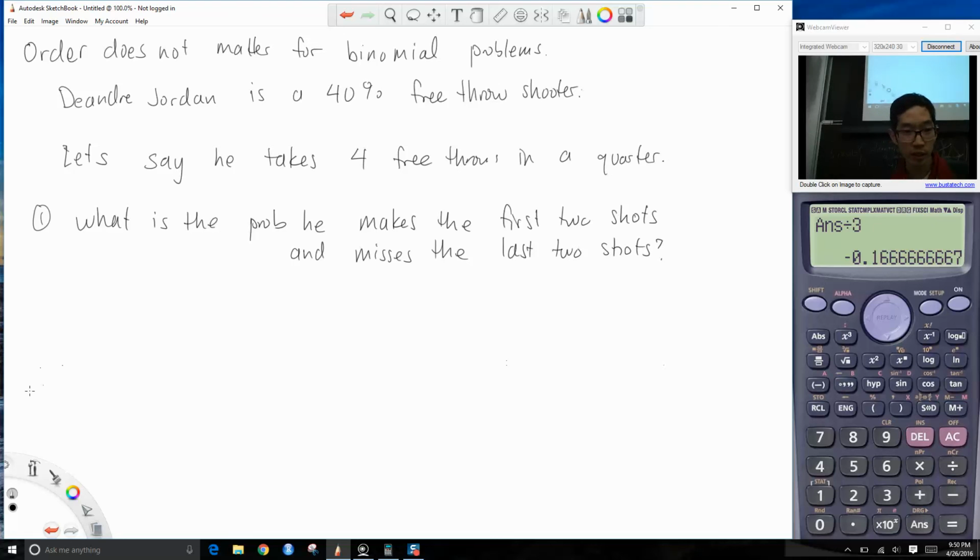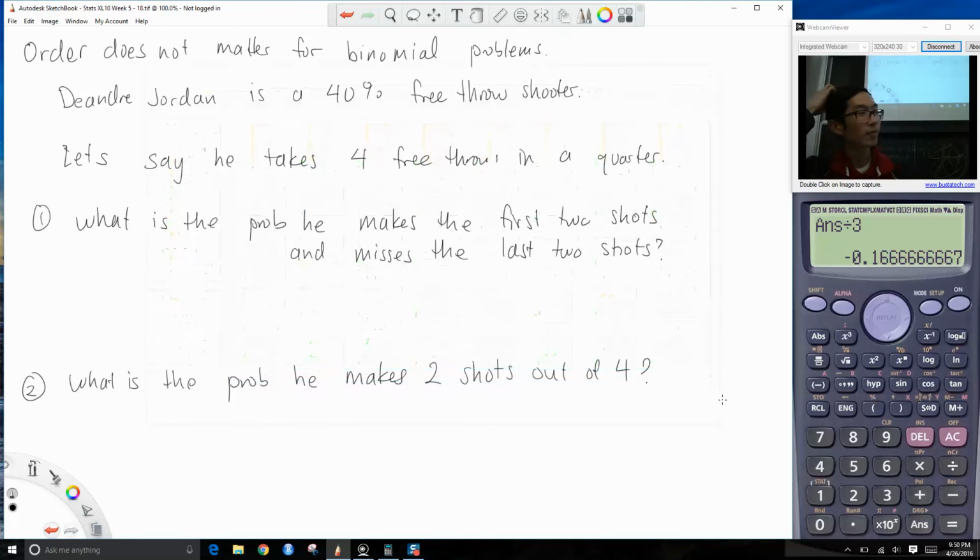Okay, and then the second question, same setup, will be, what is the probability he makes 2 shots out of 4? One of these is binomial and one is not.